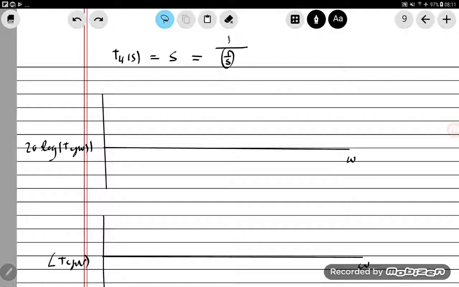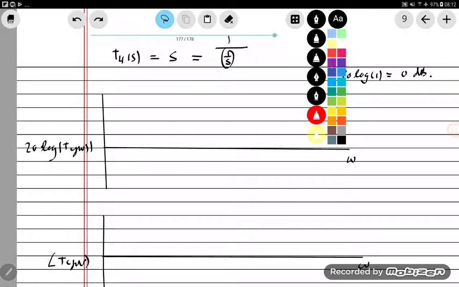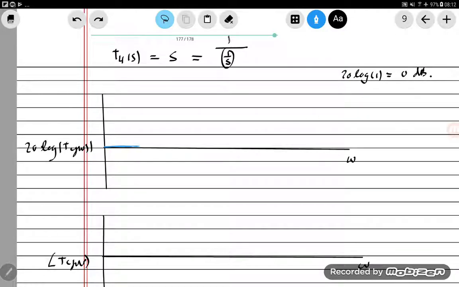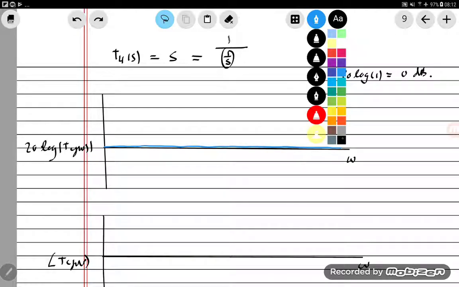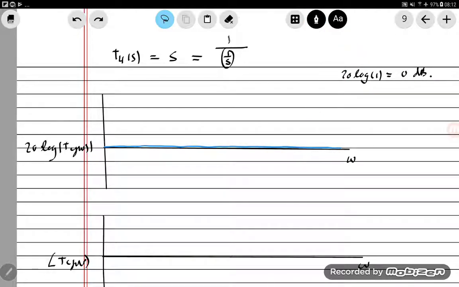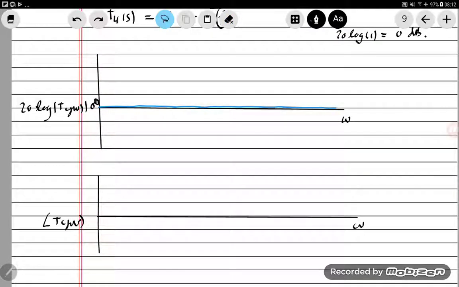Well, the magnitude plot of 1 is 0, because if we take 20 log of 1, that's just equal to 0 dB. Okay, so let's use colors again. So that is 0 dB. And the phase of this constant is, of course, just 0 as well.